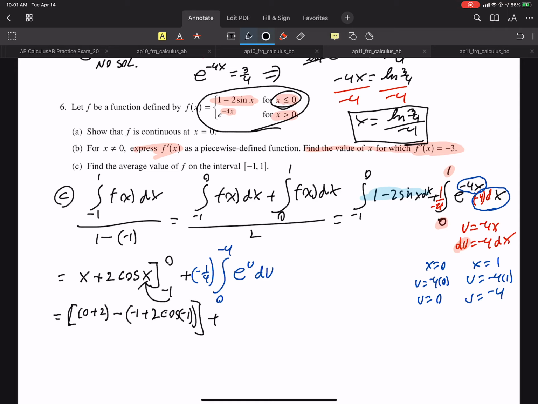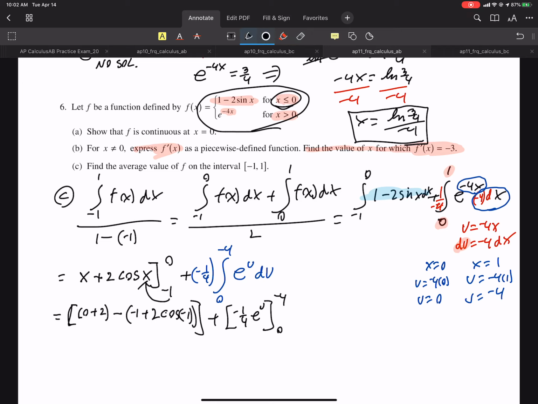Then I need to do this side. Whoops, let me undo that. I realized I shouldn't have done that. So the antiderivative of e to the u is just e to the u. So I'm going to get, and that's going to go from 0 to negative 4. So if I plug those in, that should give me my answer.